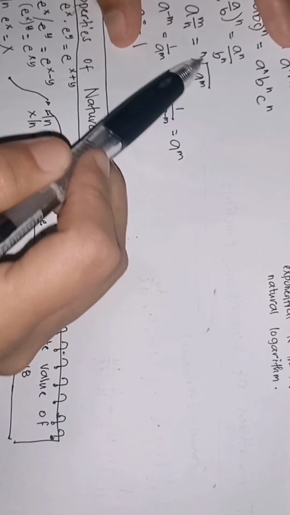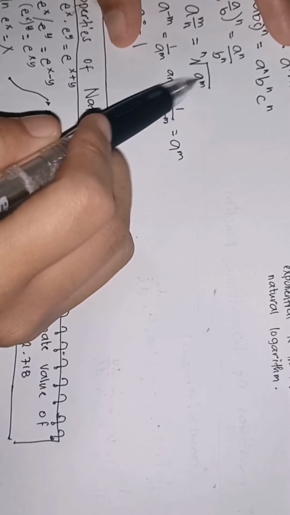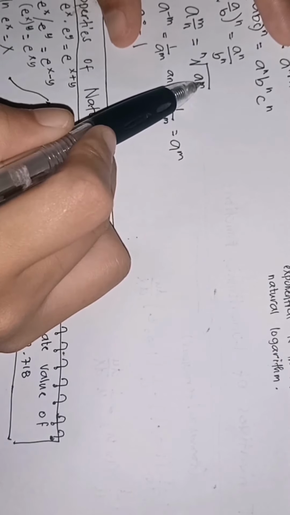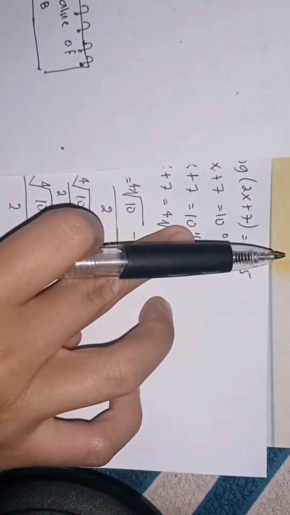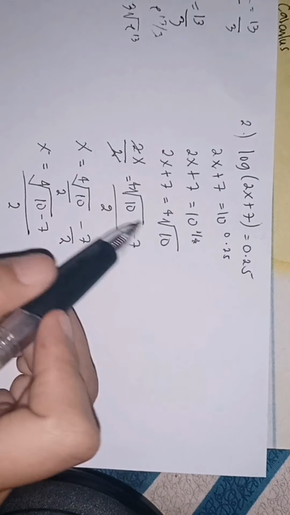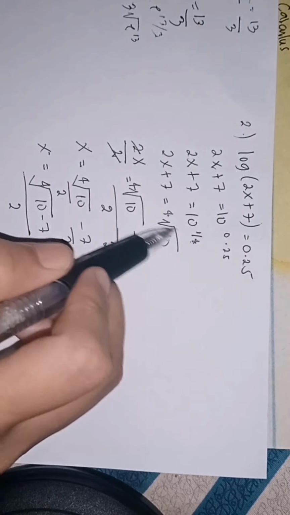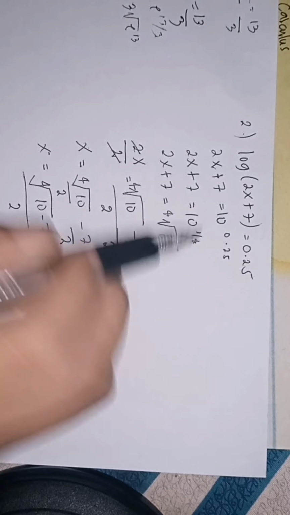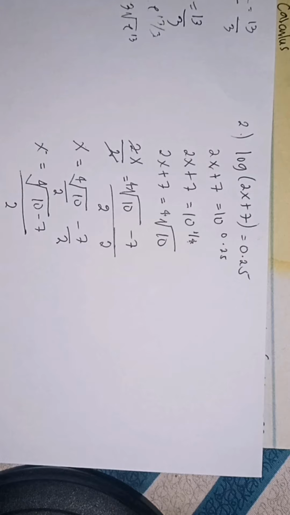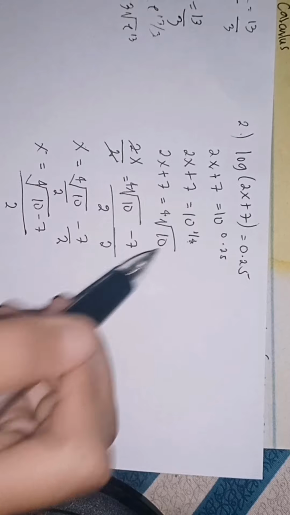So the denominator is 4, so we get the fourth root of 10. The numerator is 1, so we don't need to write it.